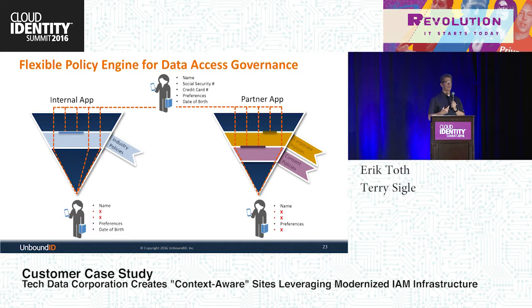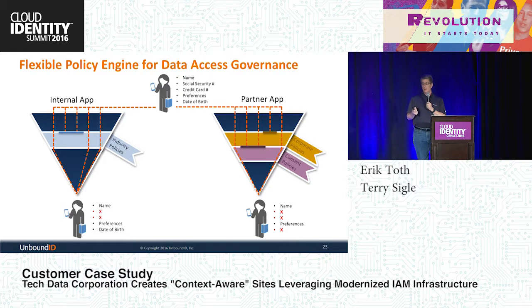But a lot of times, the marketing firm will say, I'm going to use the data for maybe a mailing, a circular of coupons or something. But by the way, that file you just sent them also has their email addresses and phone numbers in it. You could constrain that out, but that's going to be a really difficult task. You could constrain that out by a very coarse-grained policy, but you can also do it based on consumer consent. And on the right side, you see a partner app.